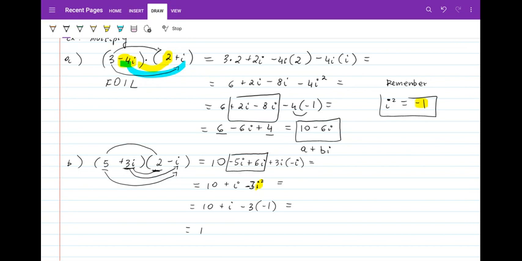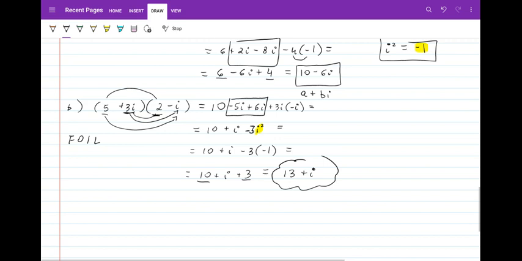And we're getting 10 plus i plus 3. So combine real parts. 10 plus 3 will give us 13 plus i. So that will be the final solution. So this is how we multiply.